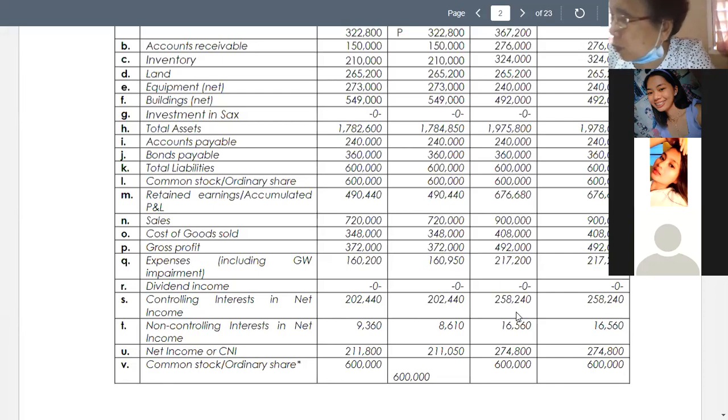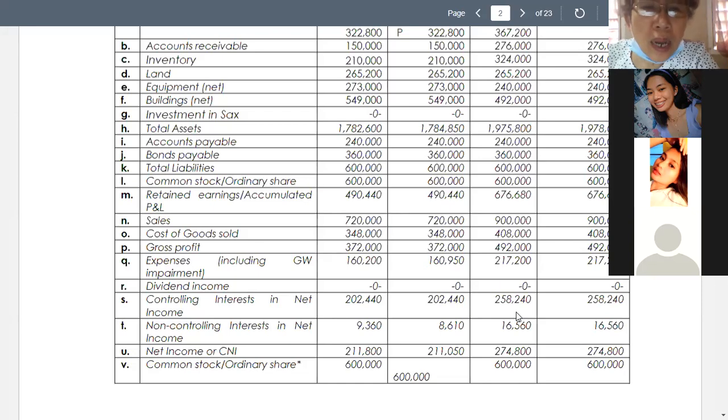The total is 25,560. Then we have to deduct that from the total net income of 228,000. We get the controlling interest in consolidated net income of 202,440. Then we add the non-controlling interest, so we get 211,800. Okay? So I hope you're following.